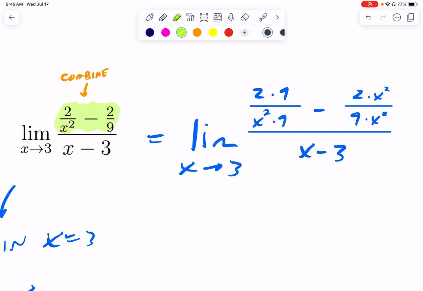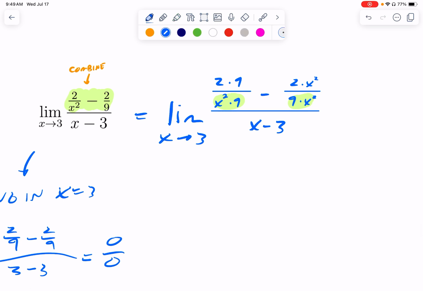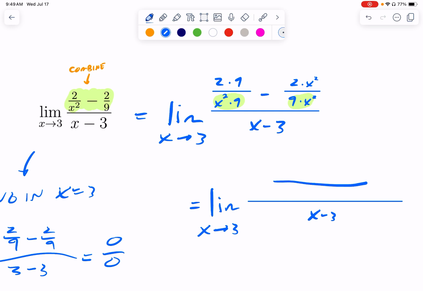So I'm creating this common denominator of 9x squared. So now I still have x minus 3 in the bottom of the whole thing. But now over here I have 9x squared in the bottom. And this is 18, and this is 2x squared. So I have 18 minus 2x squared.